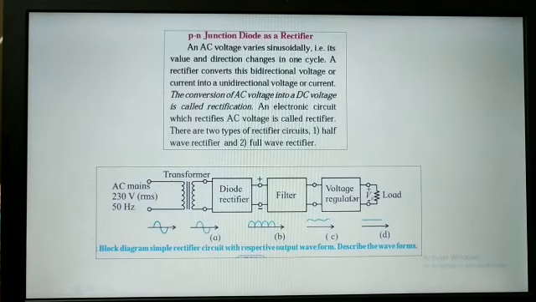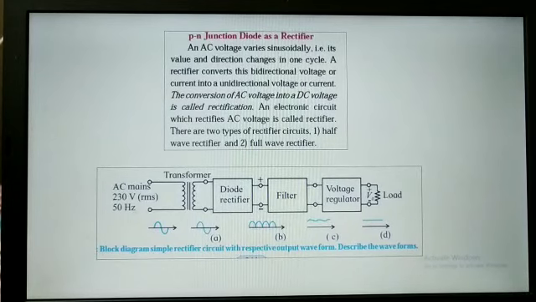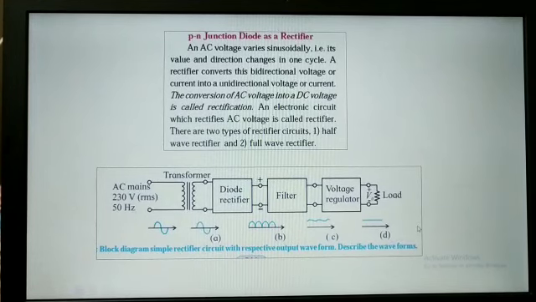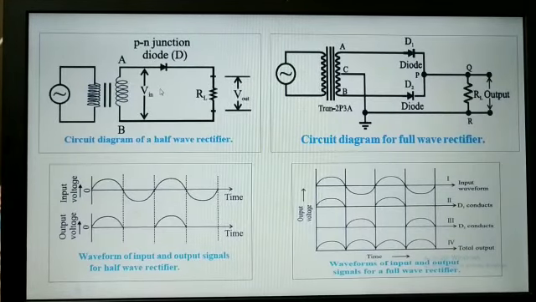The voltage regulator circuit converts that fluctuating output into a plain DC line, and this is the thing we input to our mobile, laptop and other circuits which use the DC output. So this is just a general idea of how the rectification happens. Don't worry, we are going to see each and every stage in very detail. It will be interesting. So for now we'll look ahead to half wave and full wave rectifier.